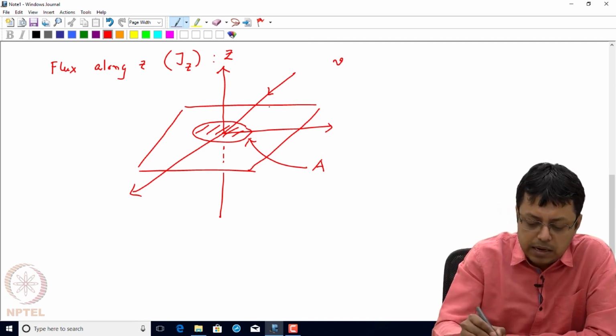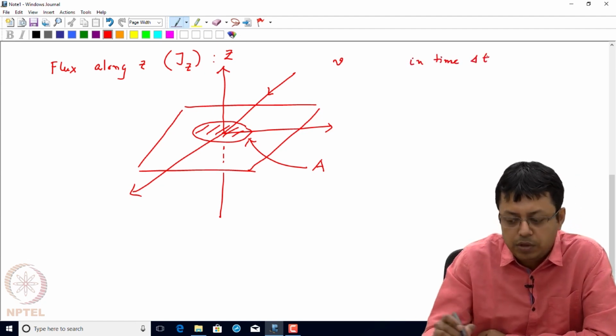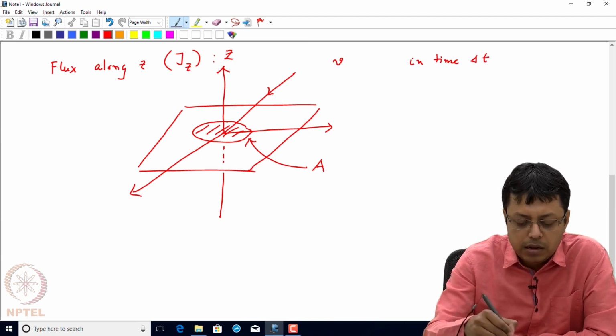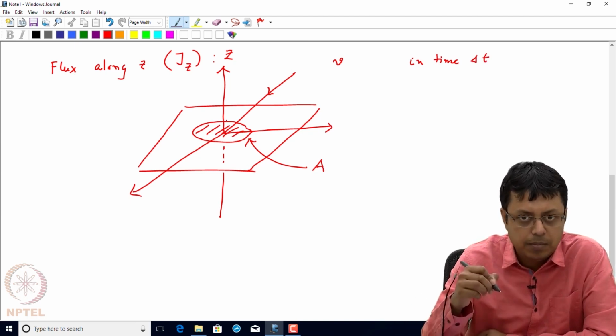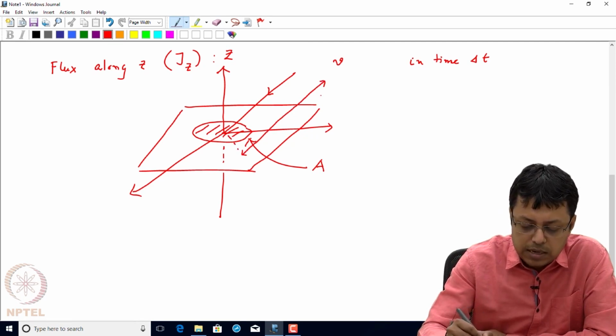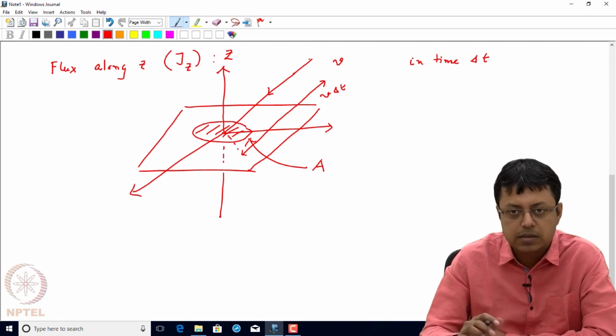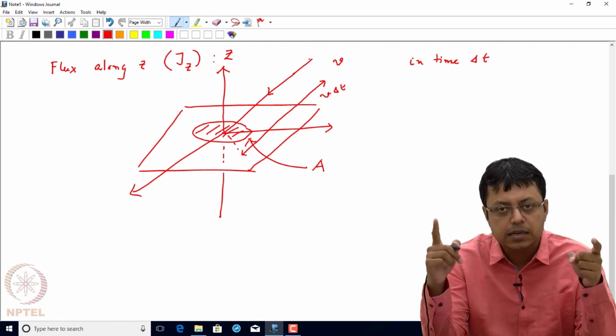Now we can ask: in time delta t, how many molecules with velocity v will strike this particular area? This is very simple to calculate, because the molecules which are within a distance of v into delta t will come and hit this surface, because v is my speed and delta t is the time.